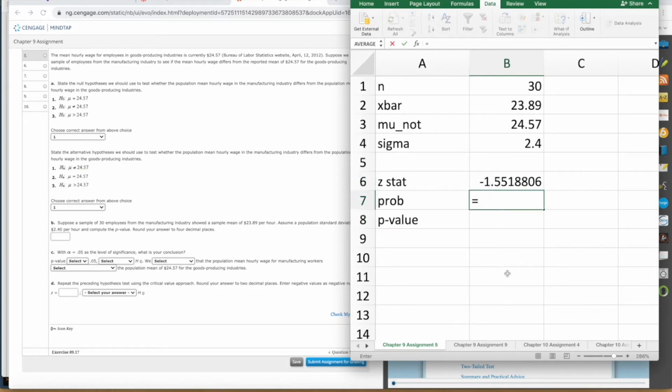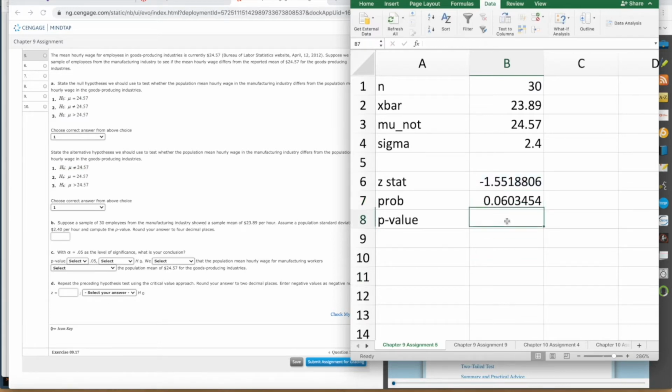Equals NORM.DIST of minus 1.551886. Actually, why did I type that out? That was dumb. I'll just click on this, comma, 0, 1, because this is a z statistic from a standard normal distribution with an expected value of 0 and a standard deviation of 1, and TRUE.